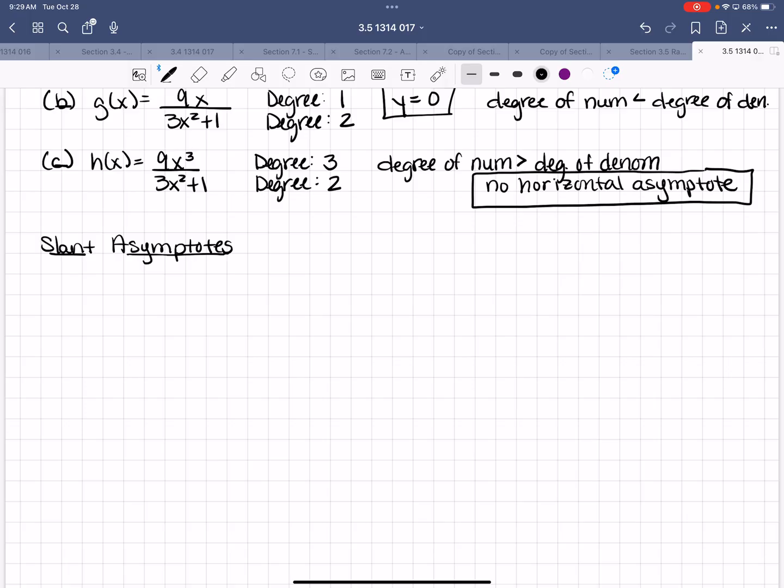Slants are a little add-in with the horizontal asymptotes.